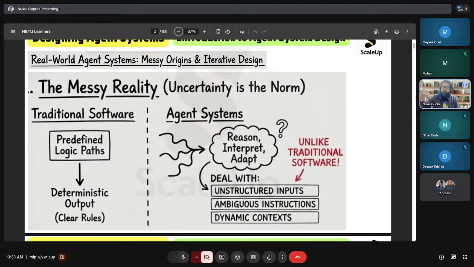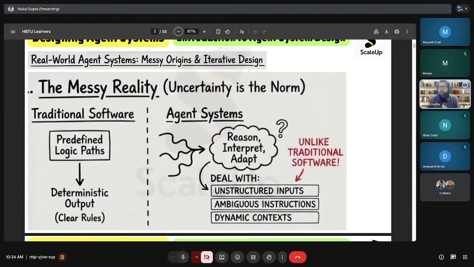We know the execution step by step, and we can also track it. So traditional software is very deterministic in nature. We can plan before building, organize things, and then start building. That is how traditional software used to work.